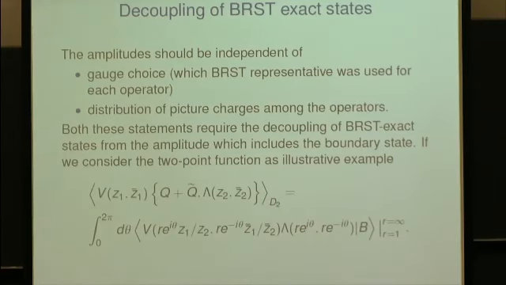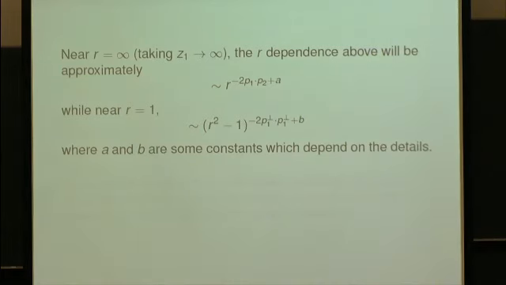Now, this correlator is independent of z1, so if we want, we can simply send z1 to infinity. And then we look at the expression and we see how it depends on r. So it turns out that for r going to infinity, the integrand depends on r in this way over here.